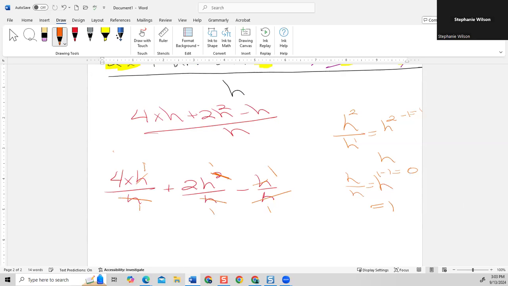So now I have 4x times 1, all divided by 1, which is just 4x. And then I have a positive 2h times 1 over 1. There you go. Minus h goes into itself 1 time. And there is my final answer using the definition of difference quotient.